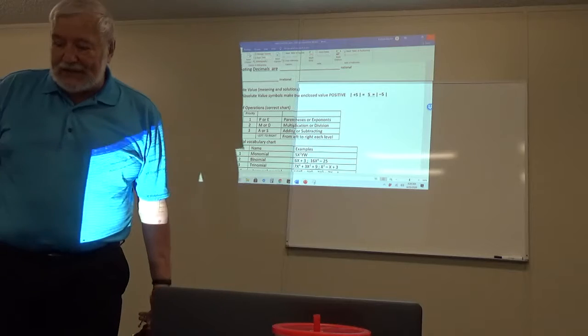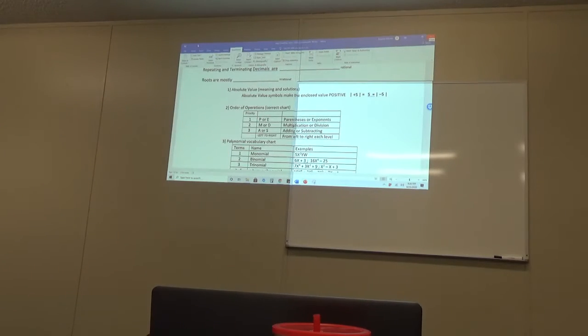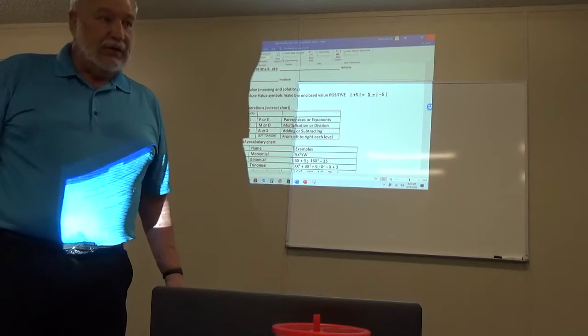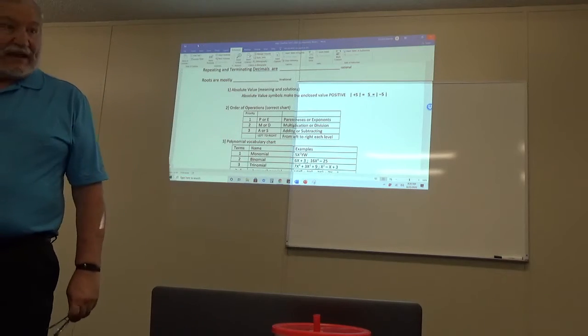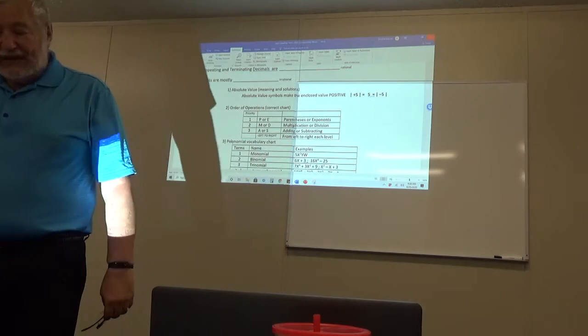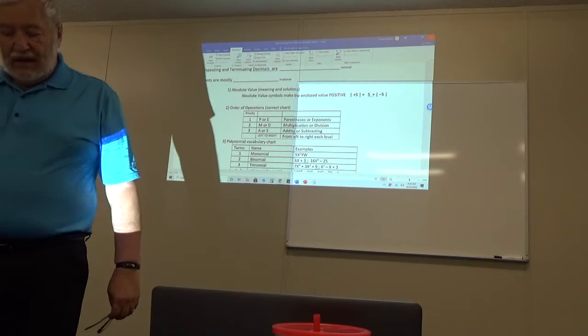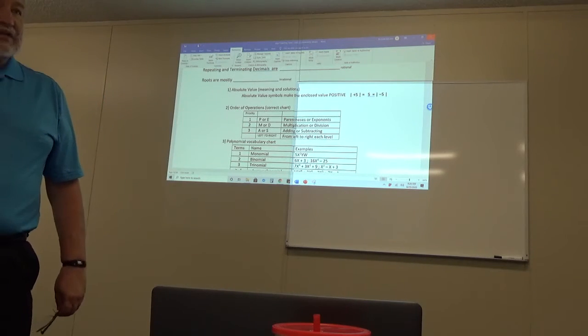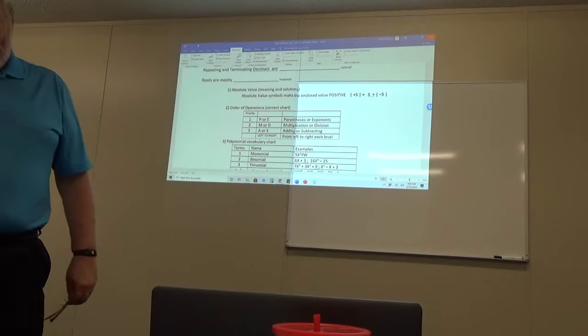Look at page 3 in your book. What you're supposed to do is put a check under each of the columns that apply to each number. So let's look at number 5a.